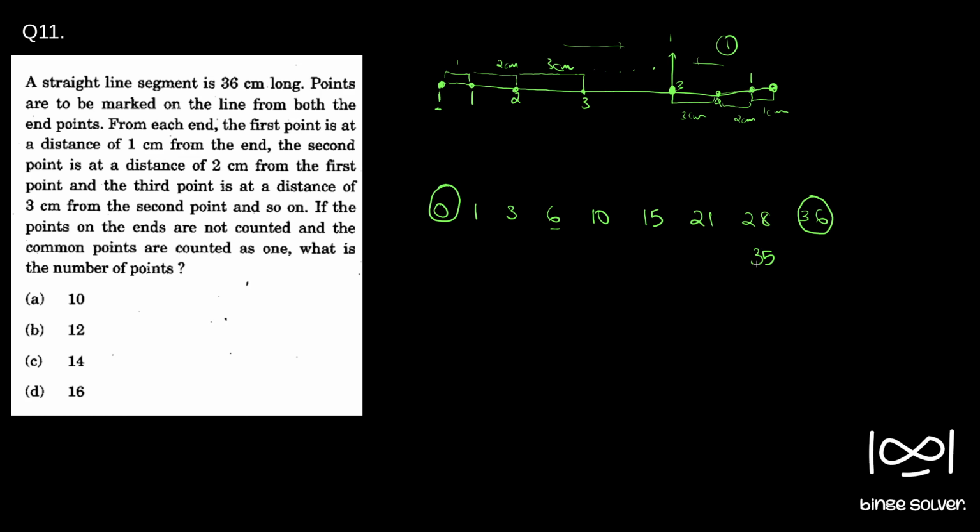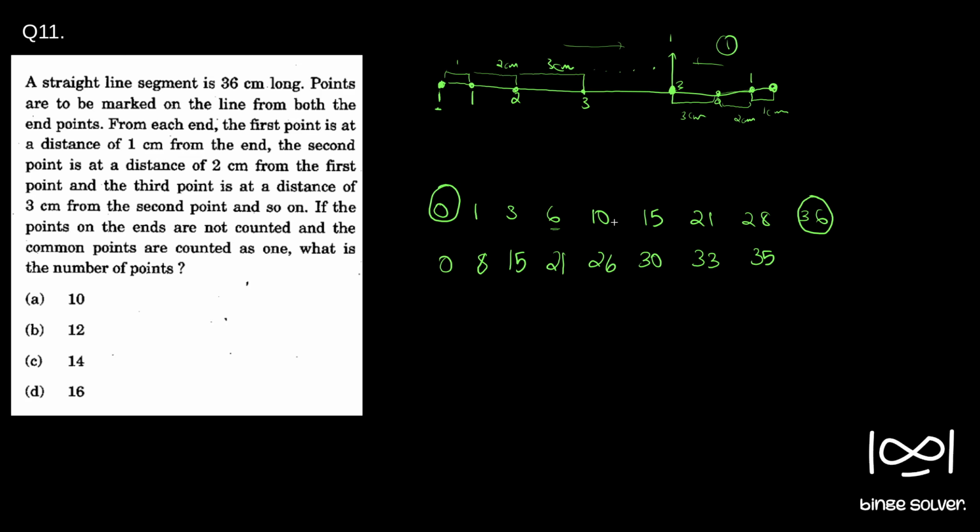So we will subtract 1, then 2 centimeters, then 3, then 4, then 5, then 6, which is 15, 7 centimeters, then 8 centimeters. So we reach the first point.